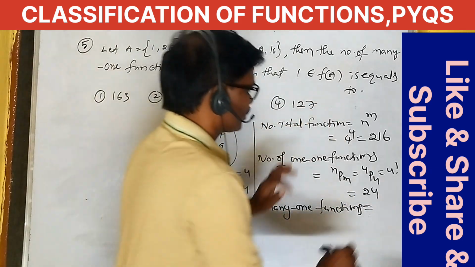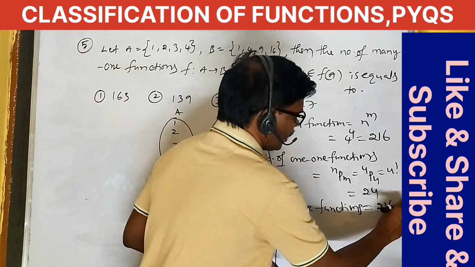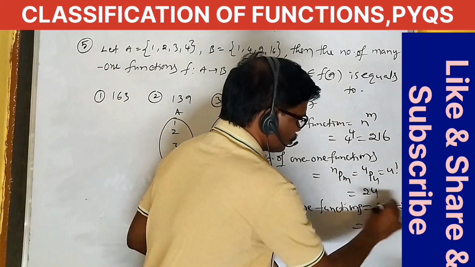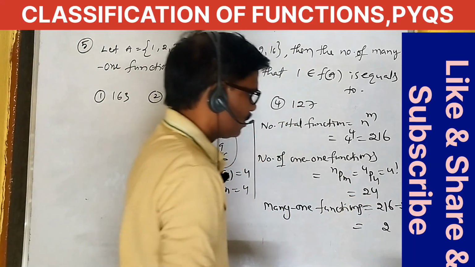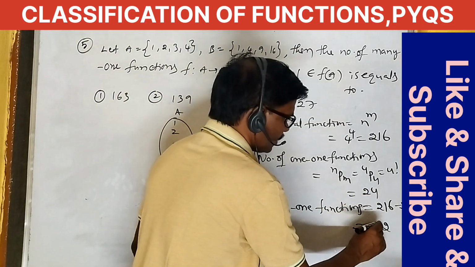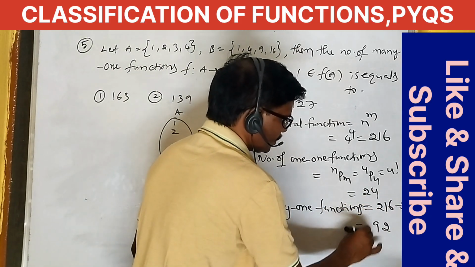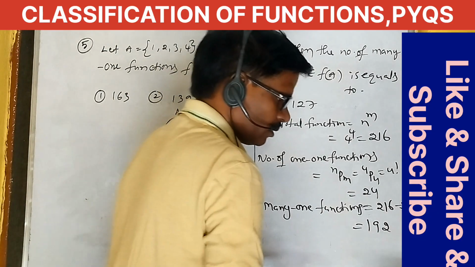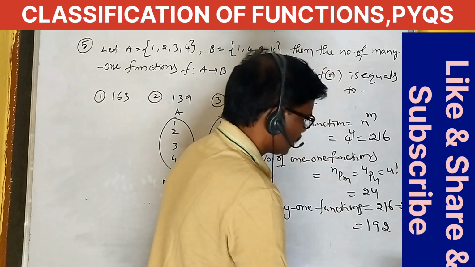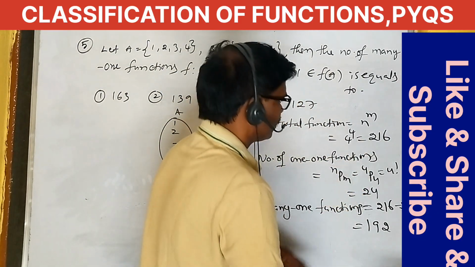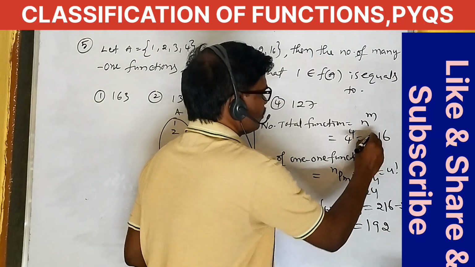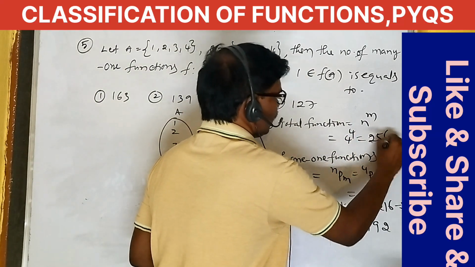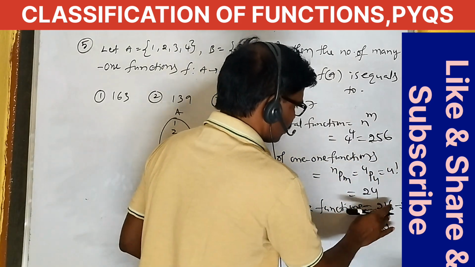Total number of functions is 216 minus 24... no, 4 power 4 is 16 into 16, which is equal to 256. Not 216, it is 256.